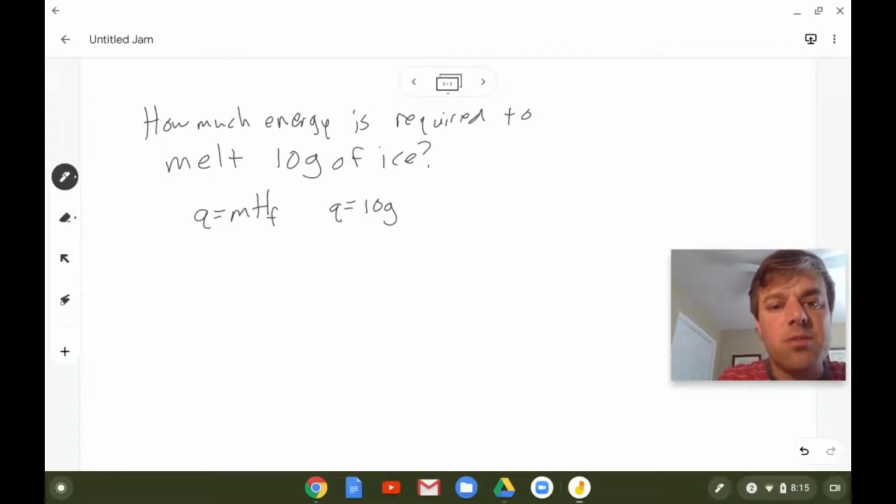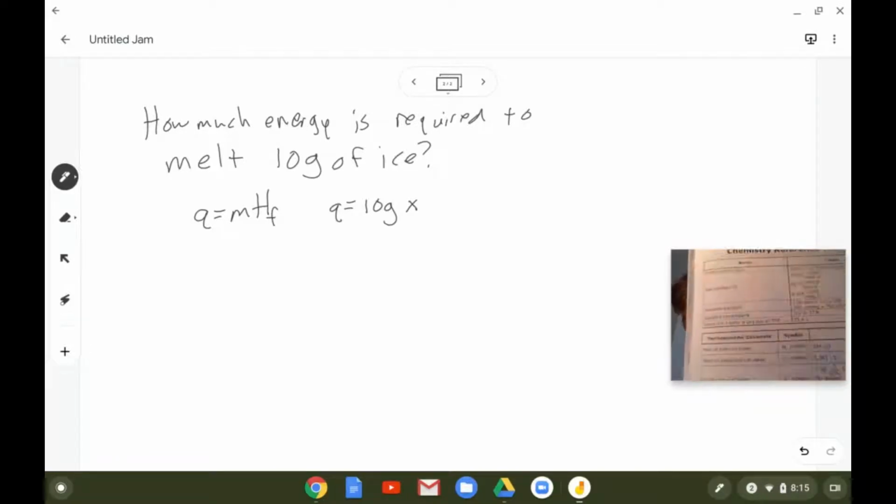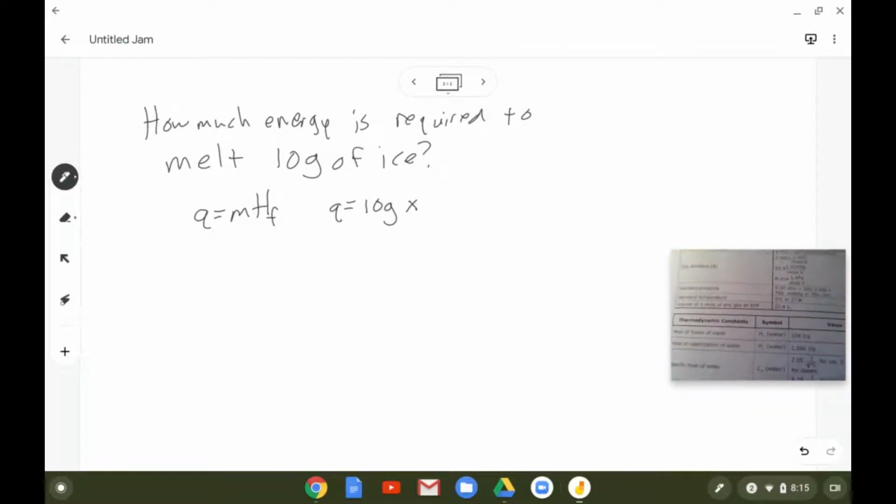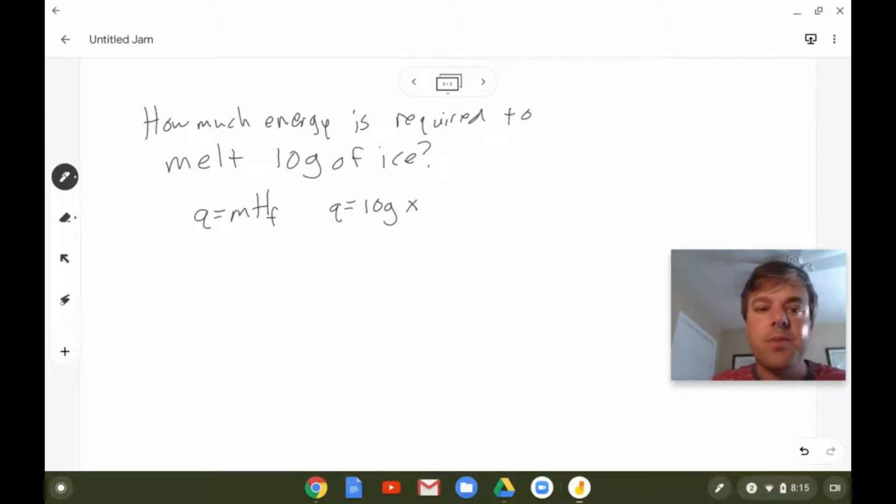So 10 grams of ice times the heat of fusion constant, which if you look on the front of your reference tables, it tells you the heat of fusion of water is 334 joules per gram. So you multiply those together and you get 3,340 joules.